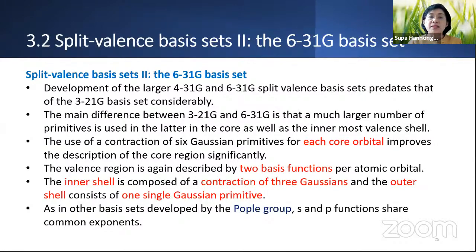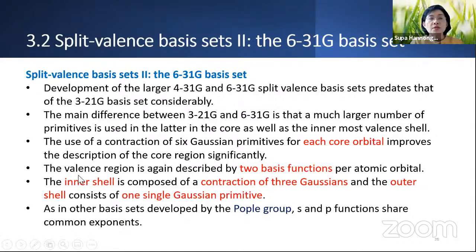The difference will be the CPU time, a very long time solving the integral part, because there are so many primitives in the core orbital. And the use of the contraction of 6 Gaussian primitives for each core orbital improves the description of the core region significantly. This is quite important. It improves the results.